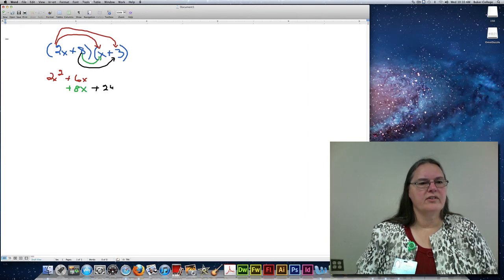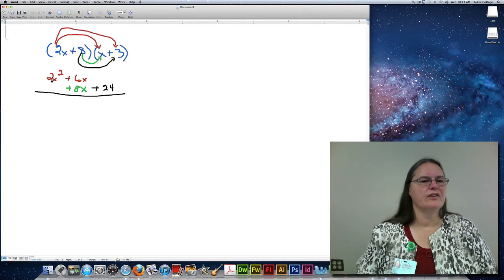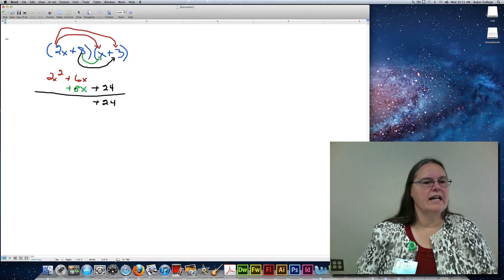Now you notice I'm stacking them for your sake. You can write them all out, and then you have to look for your things, and it seems like it's a little longer, so I just stack things. There's nothing to add to the 24, so it remains the same. I have 8 of these and 6 of these, so I have 14 of the x's. And then I have 2x squared.